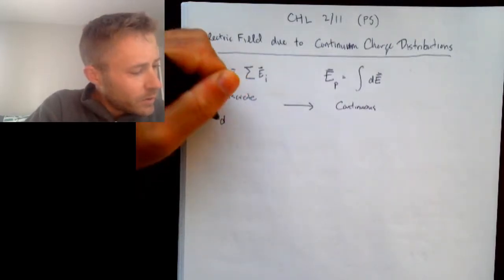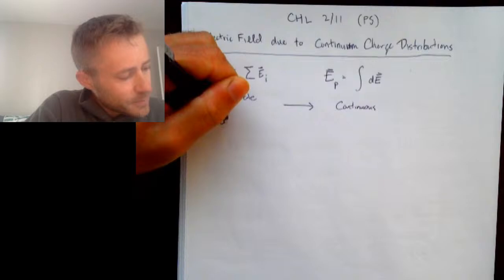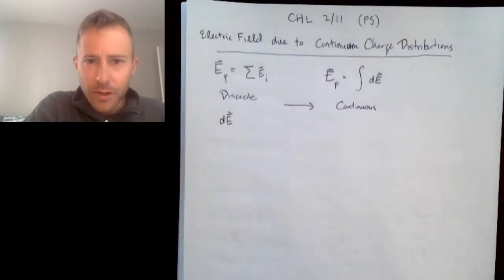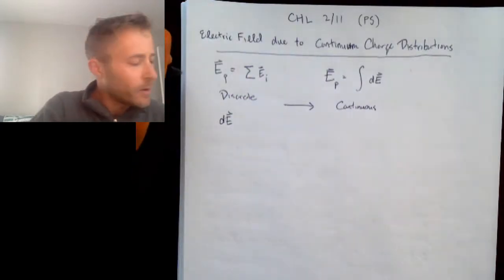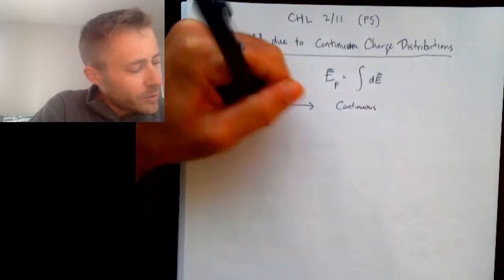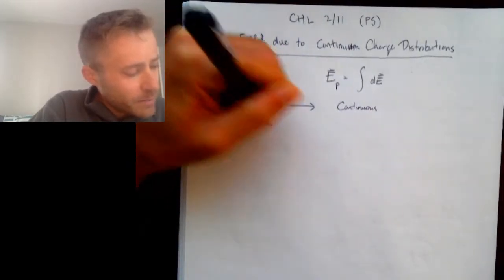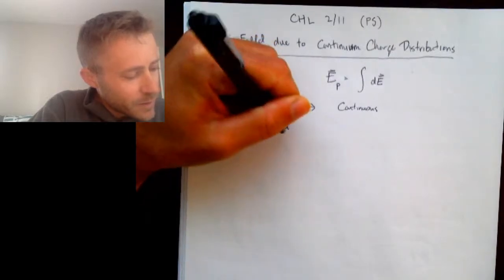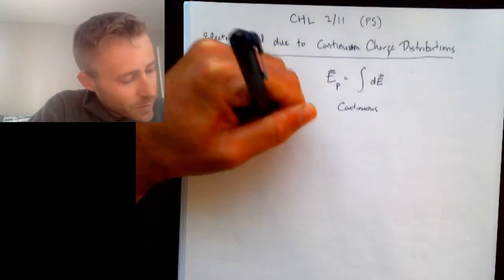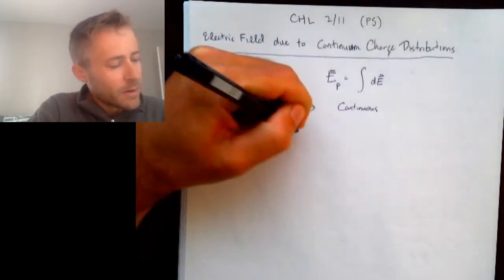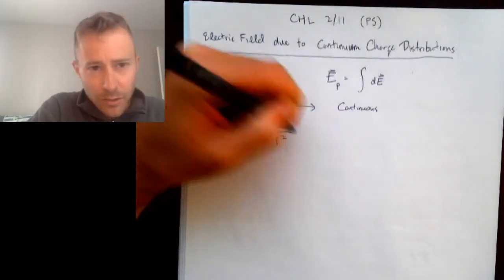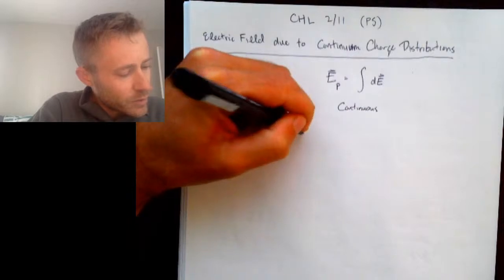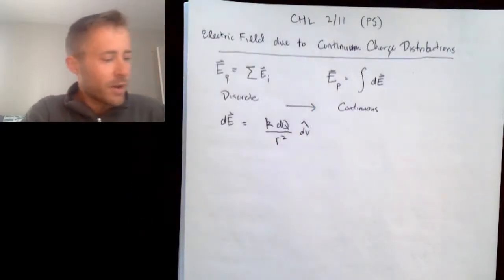Well, dE is a vector, and it's equal to k times dq over r squared times a direction vector, which I'll just call r hat.